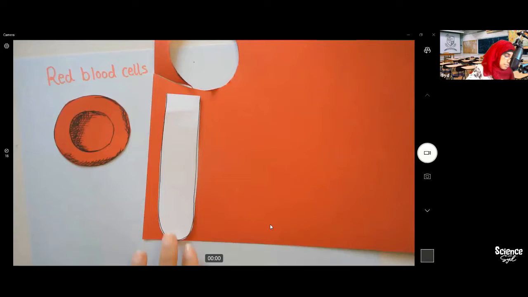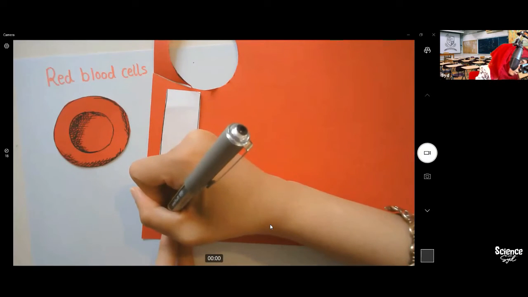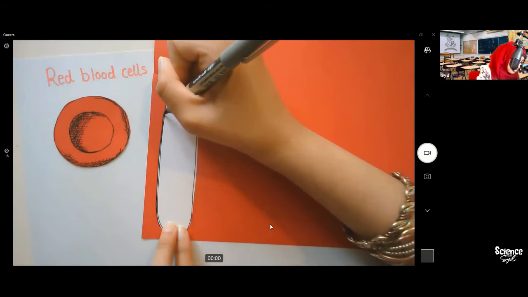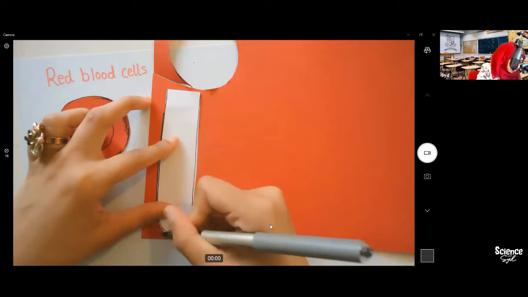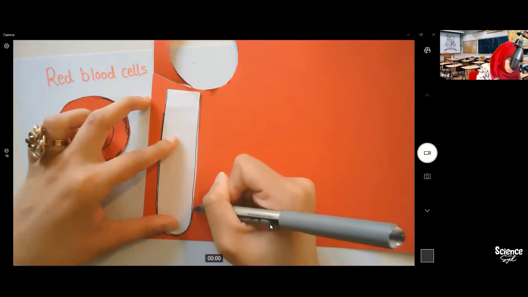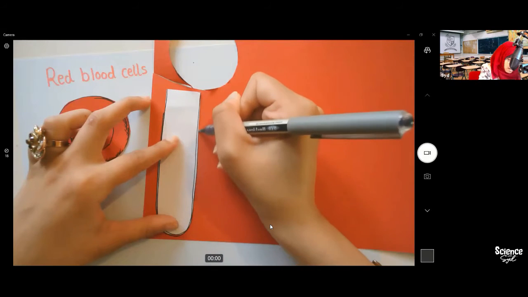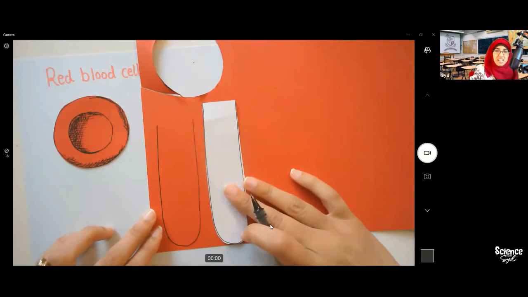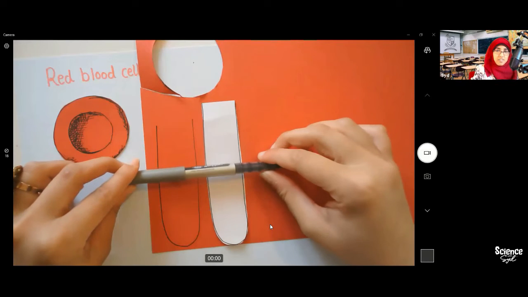Because I'm going to get some red blood color in here. So the red blood cells only make up 45% of our blood. The rest of the blood is not red blood cells. How weird is that? So I'm going to do about 45%. So 45% is less than 50. 50 is around this much.